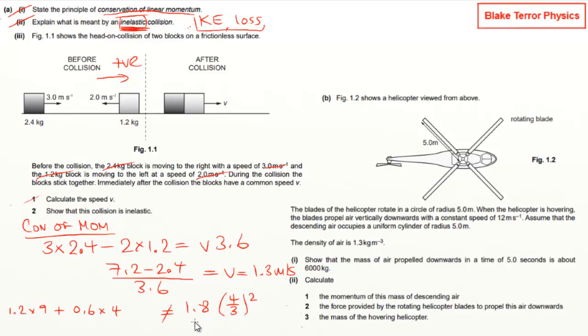So we need to show these are different. So we're going to have 1.8 divided by 9 is 0.2 multiplied by 16. So we've got 16 over 5. Okay, so that is 16 over 5, 3.2, give or take.